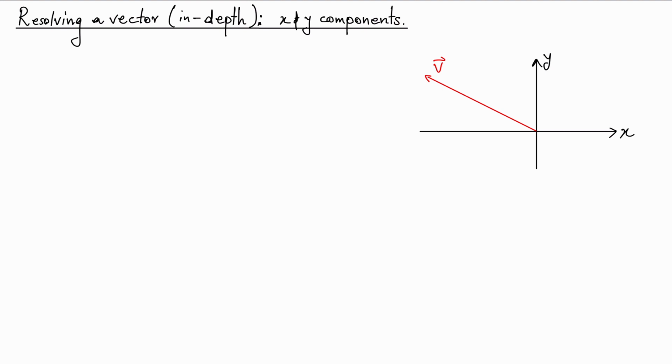Now, in order for us to find the components of this vector v bar, we need two ingredients. The first one is the magnitude of this vector, so the length of this arrow. The second ingredient is the angle that this vector makes relative to either one of these coordinate axes.